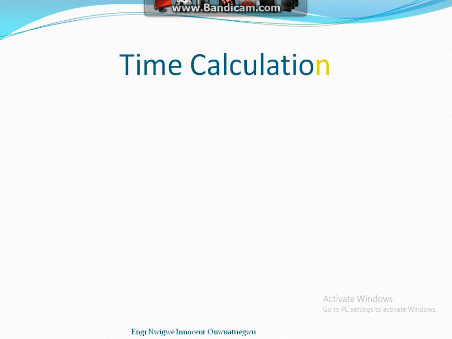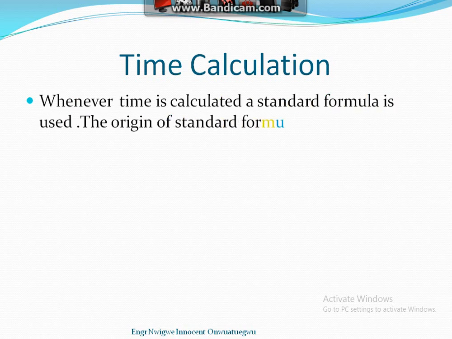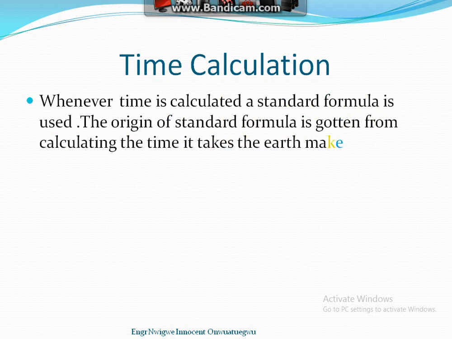Time calculation. Whenever time is calculated, a standard formula is used. The origin of the standard formula is gotten from calculating the time it takes the Earth to make a complete rotation.